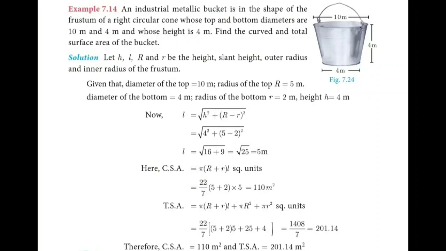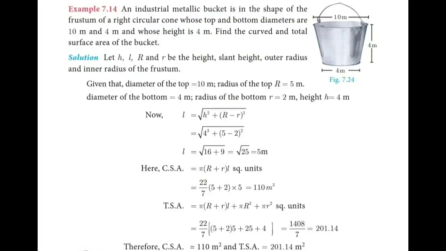Here CSA of the bucket is equal to pi into capital R plus small r into L square units. Then 22 divided by 7 into 5 plus 2 into 5, since pi is equal to 22 divided by 7, capital R is equal to 5, small r is equal to 2 and L is equal to 5.